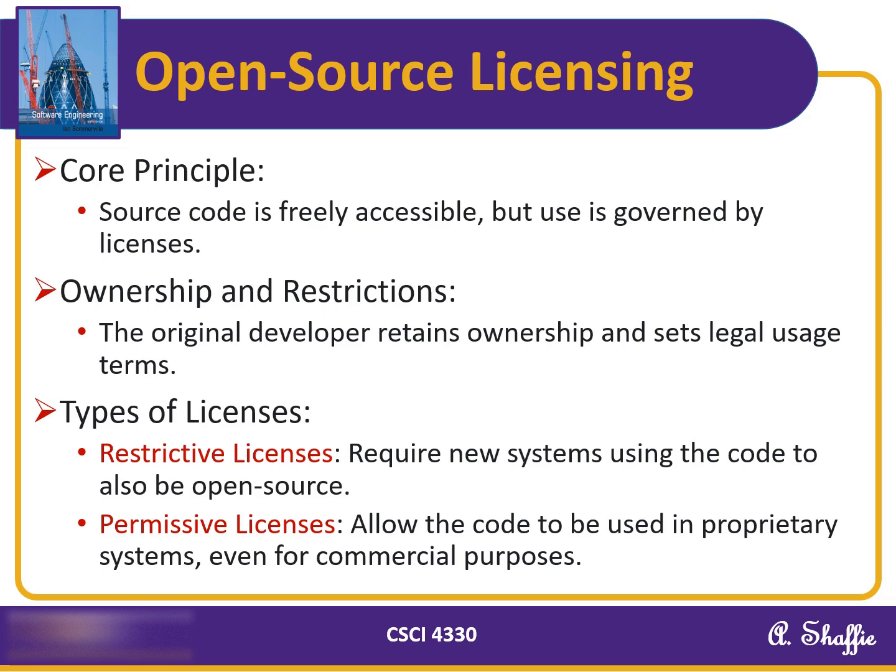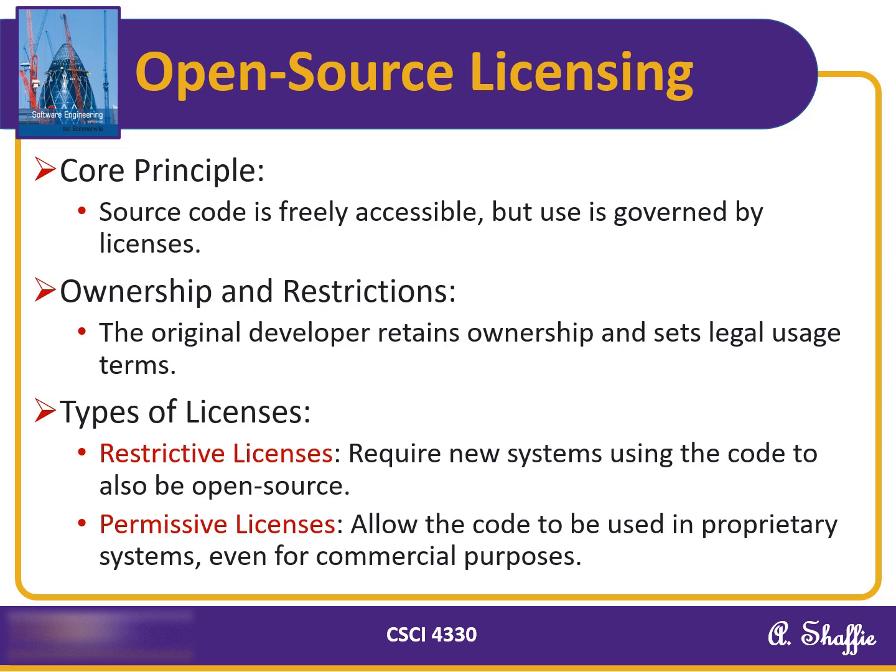This ensures that open source software remains protected and used appropriately. The original developer of the software retains ownership of the code and sets legally enforceable terms for its use through the license. These terms outline what users can and cannot do with the software.